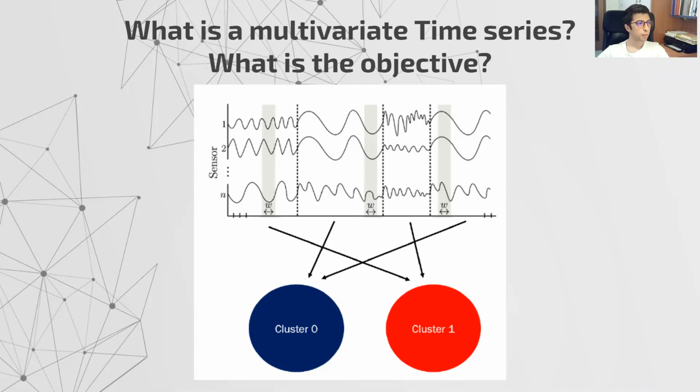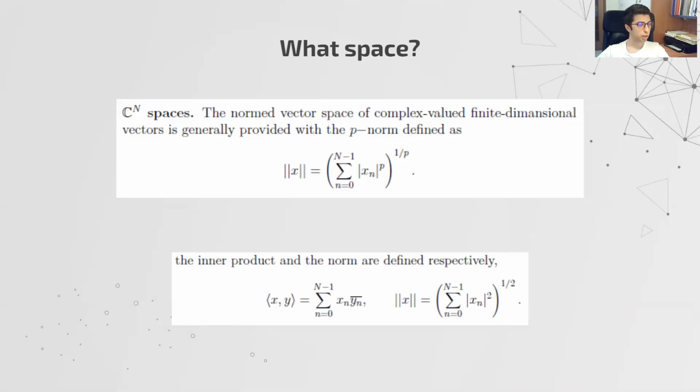So this is the space that we are considering. This is the norm, the P norm that we can define into this space, and the inner product is the one reported there.